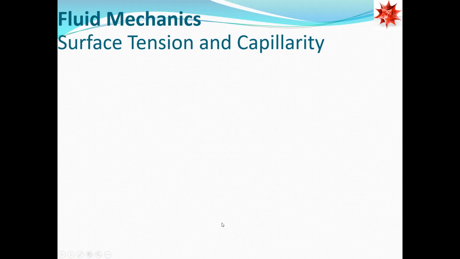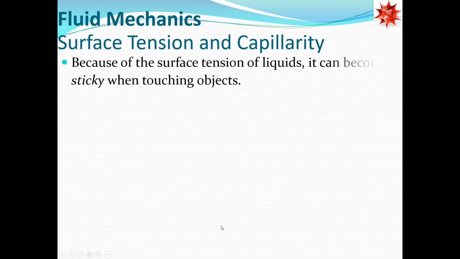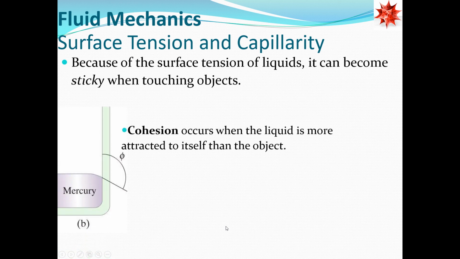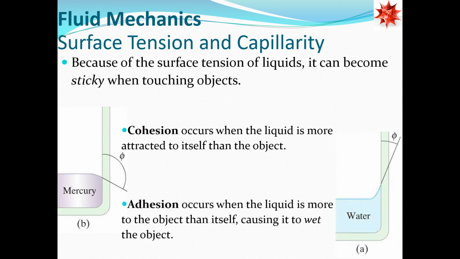Now, we did ignore the buoyancy force, for simplicity. All right, we also know that this surface tension results in two scenarios, cohesion and adhesion. Cohesion is a scenario where the liquid ends up being more attracted to itself, so the material will almost bubble up and try to have as little contact with the surface as possible.